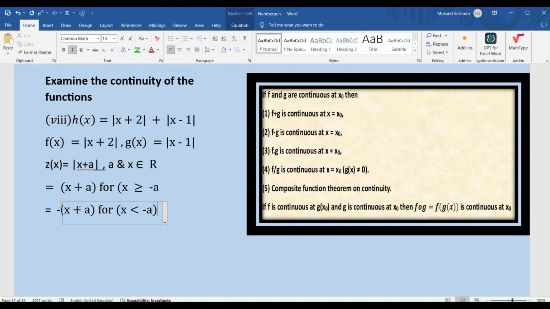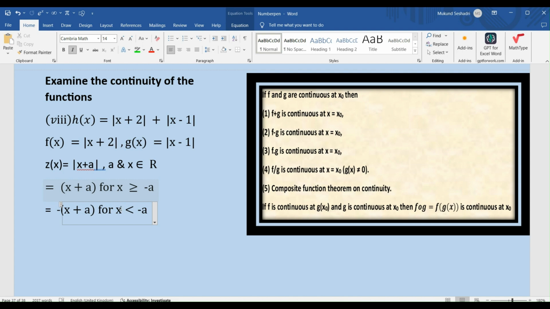So now we have that this particular function takes two values. One is x plus a, which is applicable for all x greater than or equal to minus a, and the other is minus of x plus a for all x lesser than minus a, right?